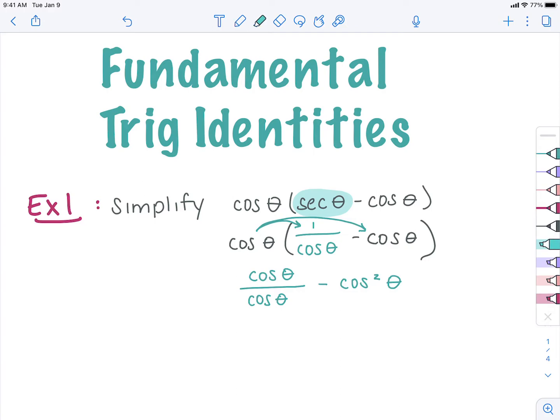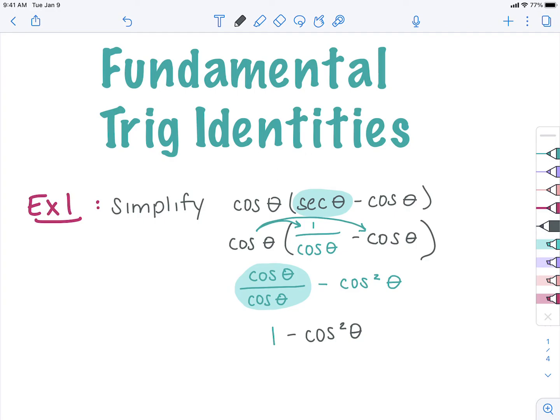Once I distribute, I notice that I have a cosine theta over cosine theta, which tells me that I can simplify that just to be 1. I'm going to just bring down everything else, my minus and my cosine squared theta.